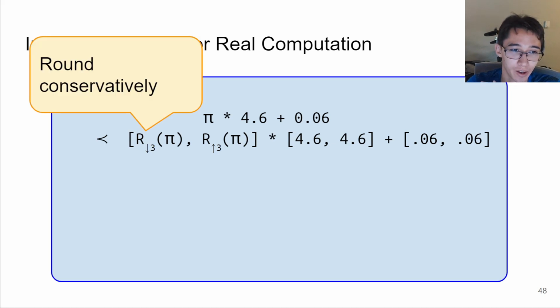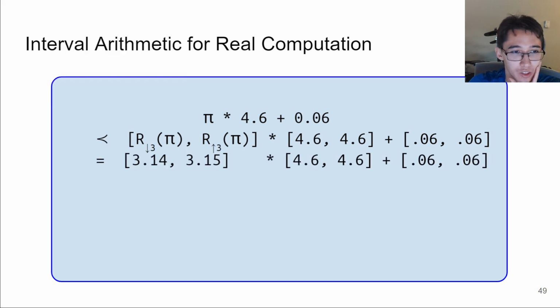So I've written the down arrow on this rounding operator to say that on the left endpoint we need to round pi down, and on the right endpoint we need to round pi up. And in this example again we'll use 3 significant figures of precision. So performing that rounding, we'll get an interval that's 3.14 to 3.15. And you can see that this interval captures pi inside of it, because 3.14 is a lower bound on pi and 3.15 is an upper bound.